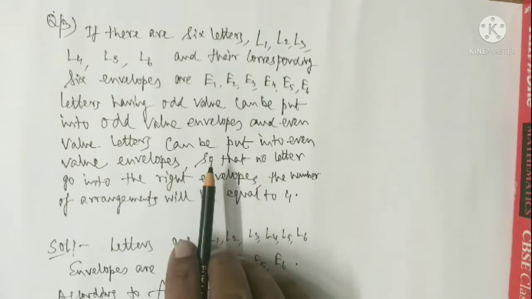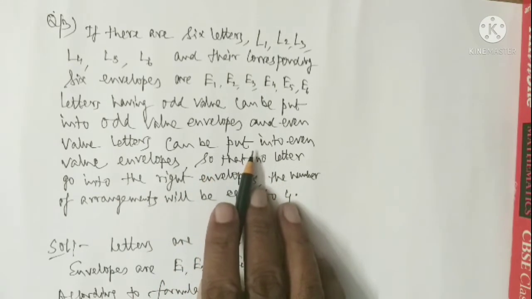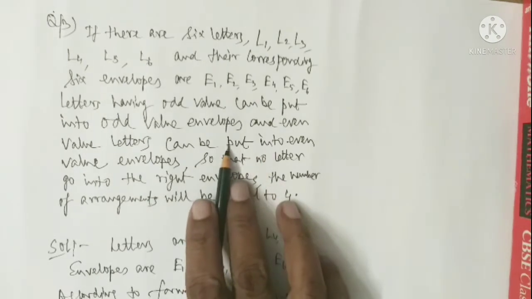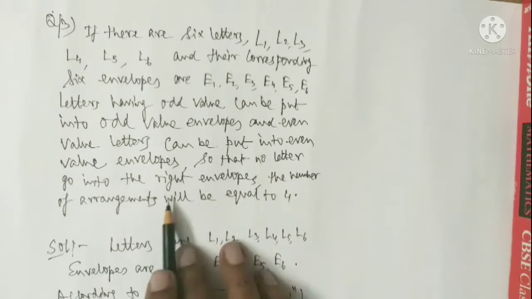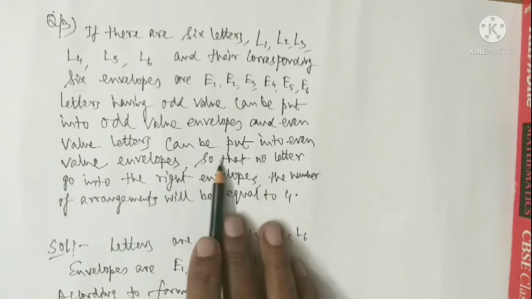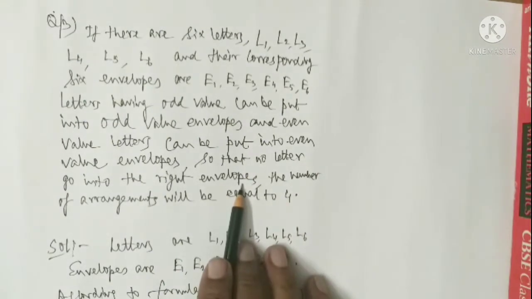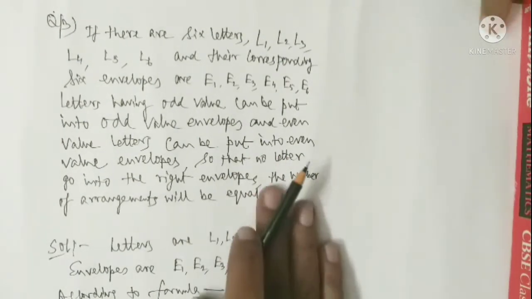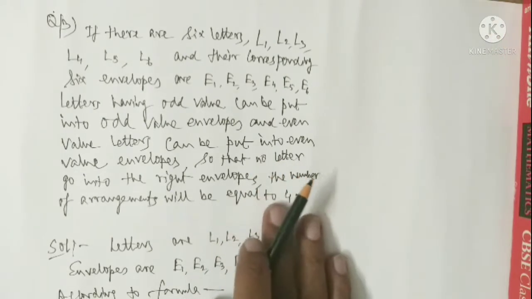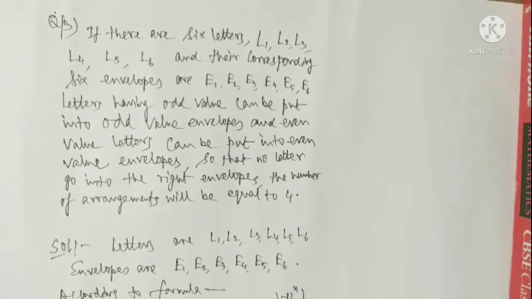This is the structure: letter 1 to letter 6 and envelope 1 to envelope 6. Now we show that no letter goes into the right envelope. The number of arrangements will be equal to 4. We will establish this by the use of the formula.